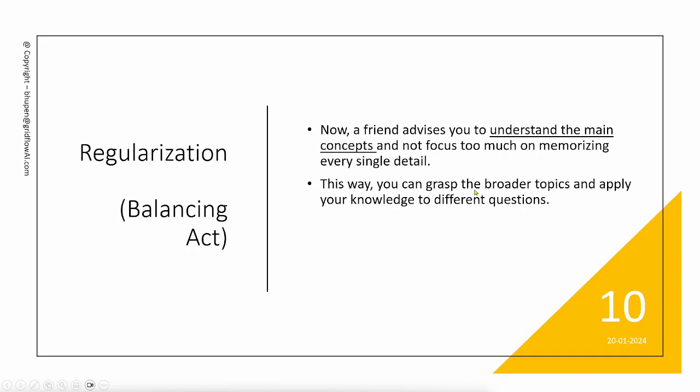This way you can grasp the topic and subtopic very well, and when you are faced with a question, you will be able to answer it properly. This is called regularization in machine learning. It is similar to what we just discussed, essentially finding a balance between all the details in the data and coming to a level where you're talking about the abstract of the data or key concepts in the data.